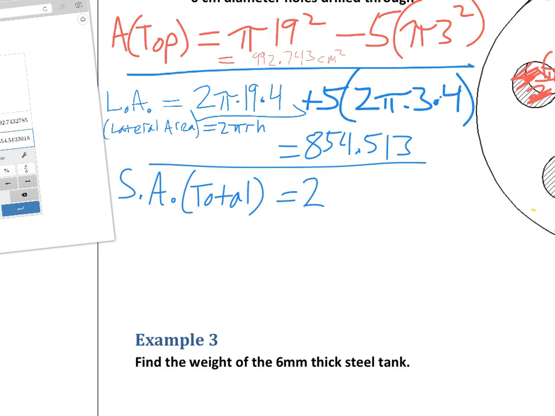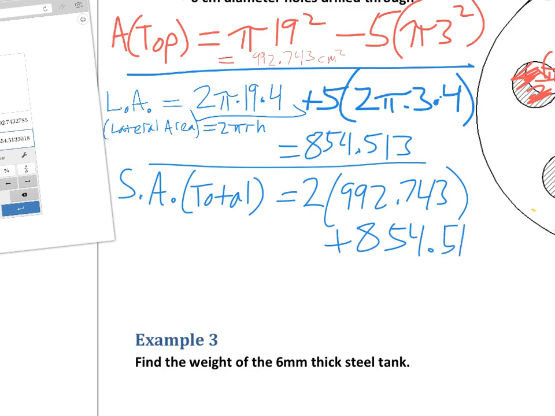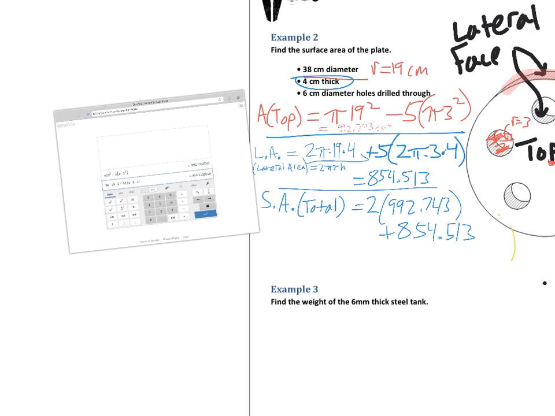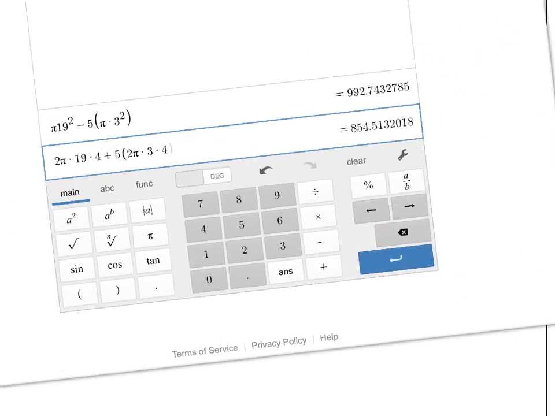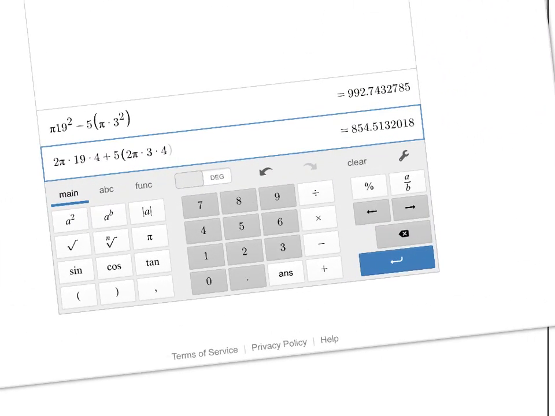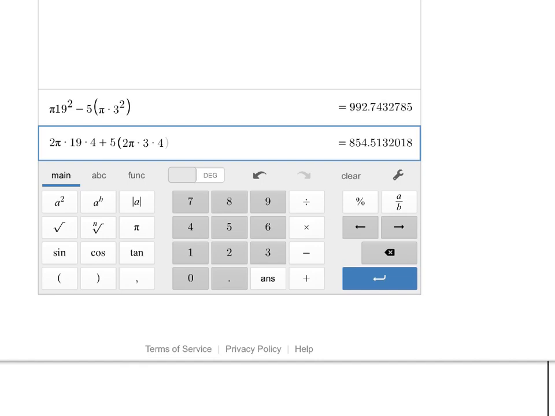We're going to double that 992.743, and then add on all the outside area, 854.513. I'll let the calculator do the work there. We have 2 of these.